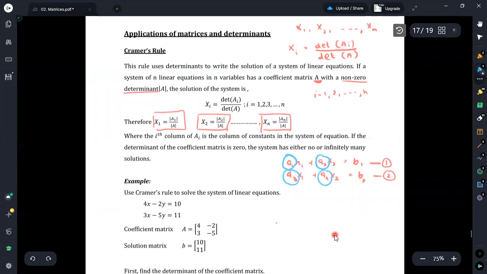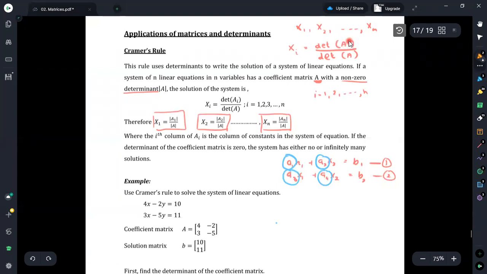These are the coefficients of the variables. Then the matrix including these values is our matrix A. And here b1, b2 are constants, so we can combine these constants and make a new vector, or just a column matrix. By combining this matrix A with this column matrix, we obtain the matrix Ai.